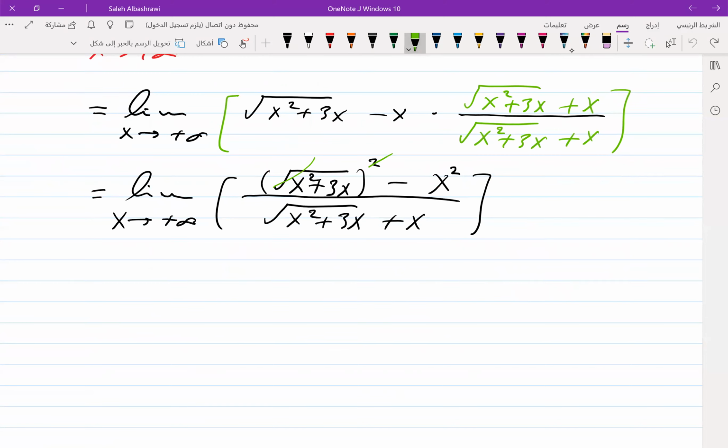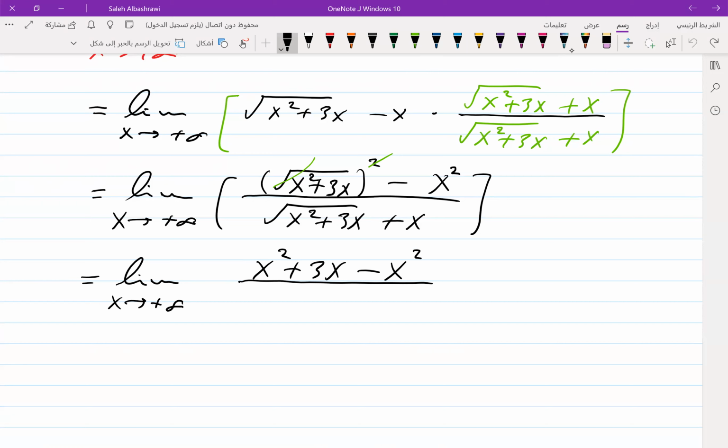The square root will be cancelled with the square. So I will now have the limit of x squared plus 3x minus x squared, divided by, to make it short, I will take the highest power from the square root. Take the highest power down, plus x.